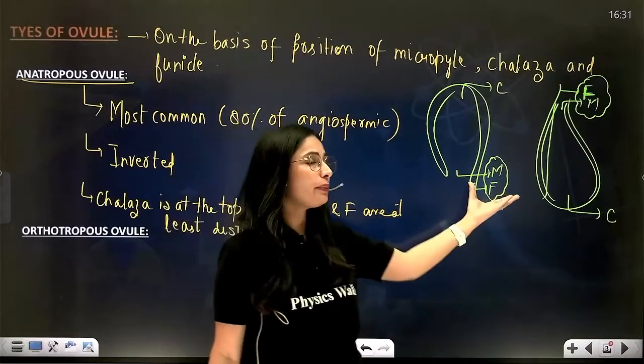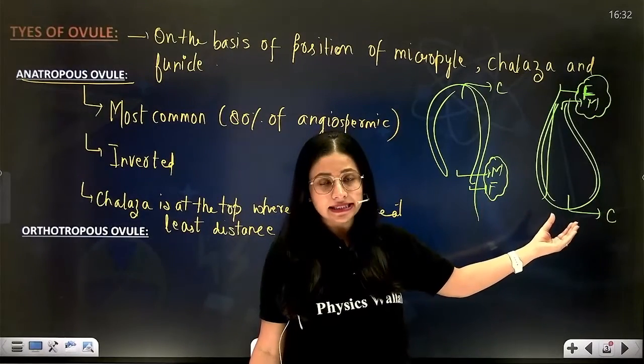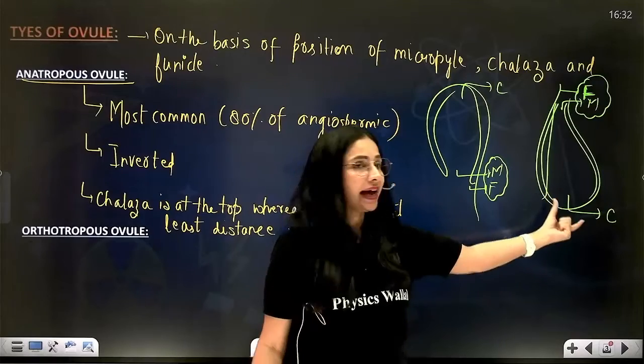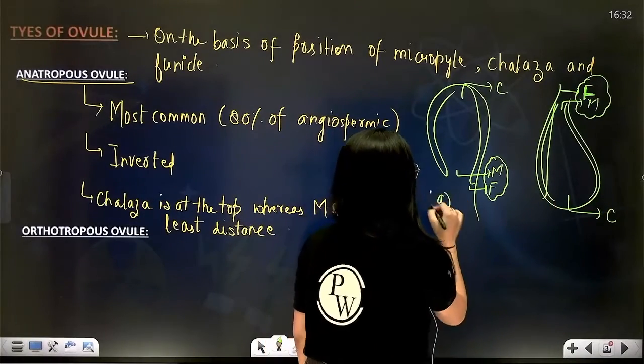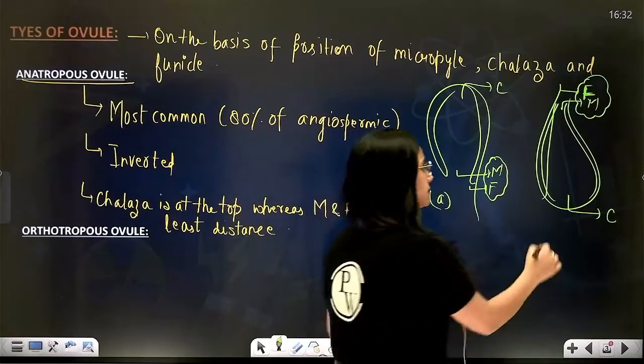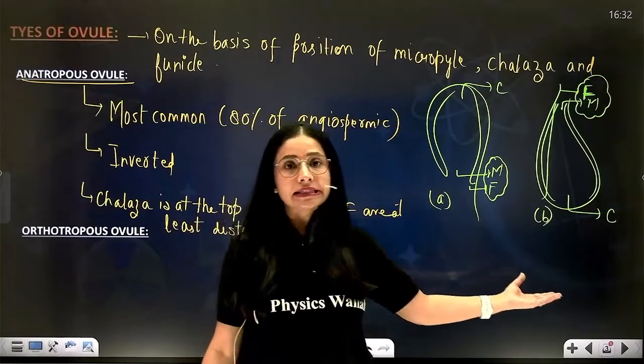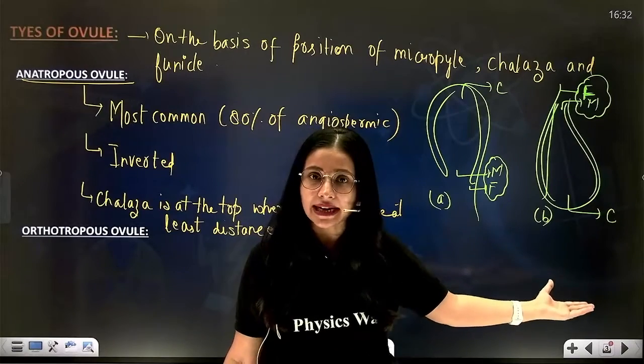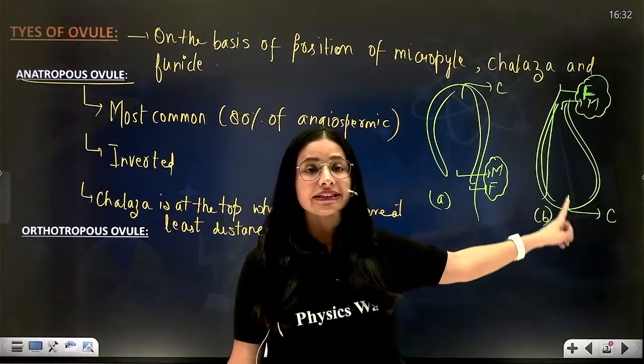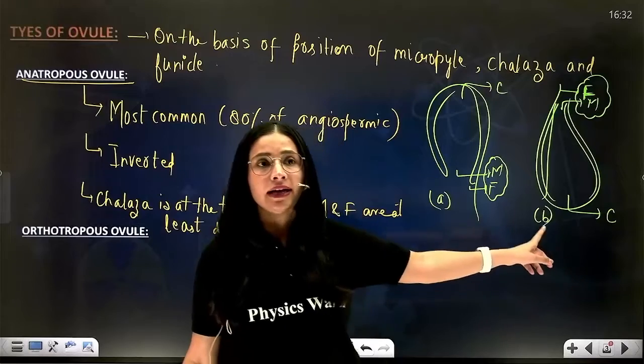So both ways you can draw in your NCERT. This is A, which I have drawn in my class, and this is B type of anatropous ovule, which is given in your NCERT book. Please make sure that you understand this type as well and don't write that it is a straight ovule.